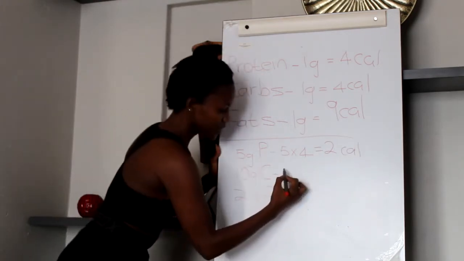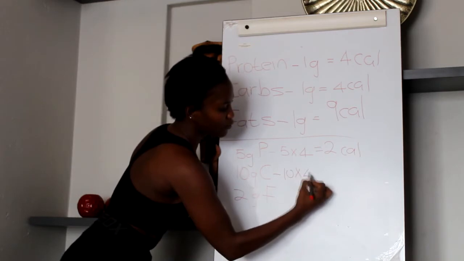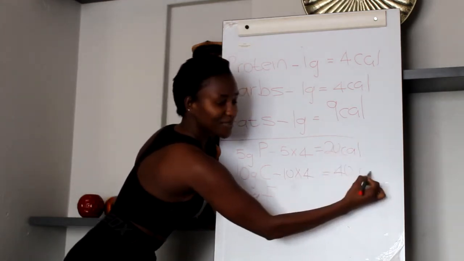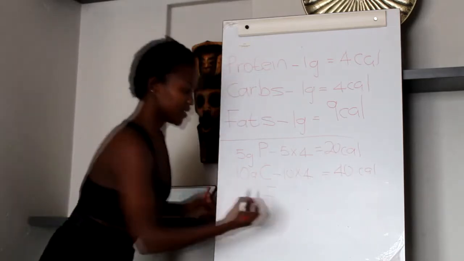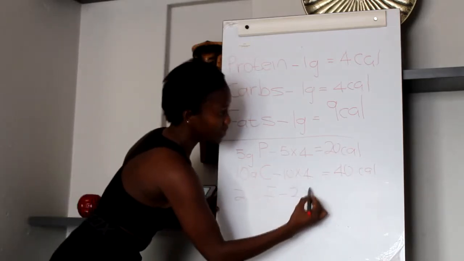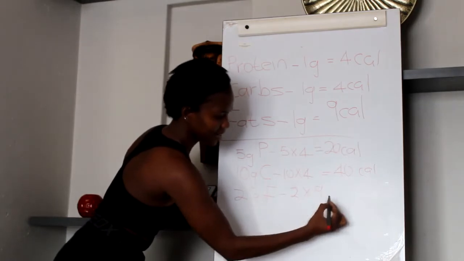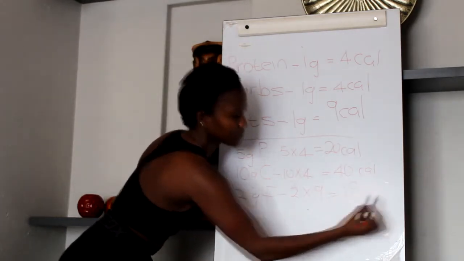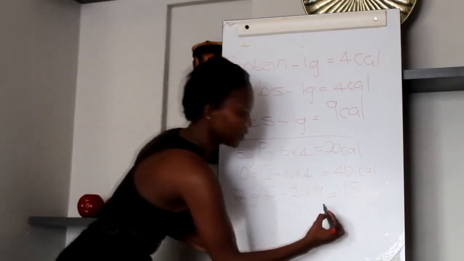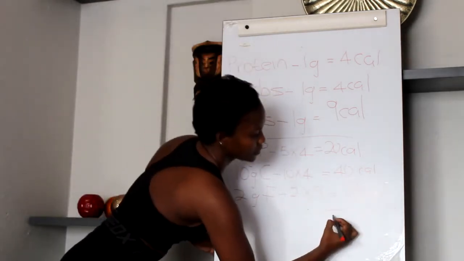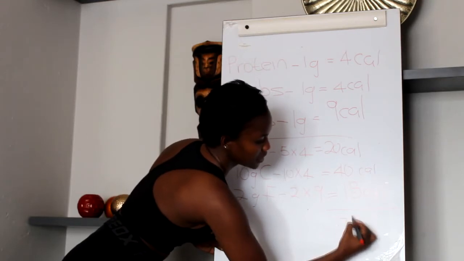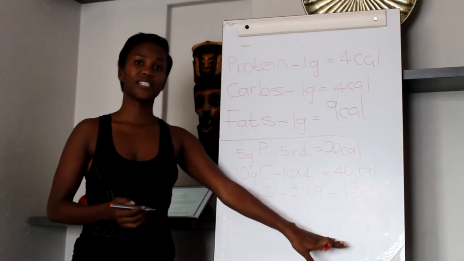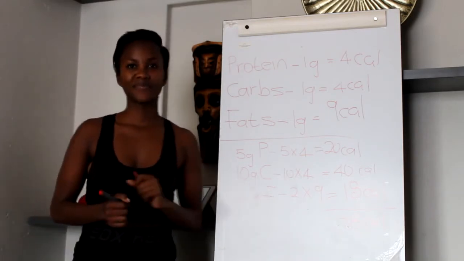Then we go to carbs, 10 multiplied by 4, which gives us 40 calories, and 2 multiplied by 9 is equal to 18 calories. When you add these together, you get 78 calories, which means that your protein bar has 78 calories.